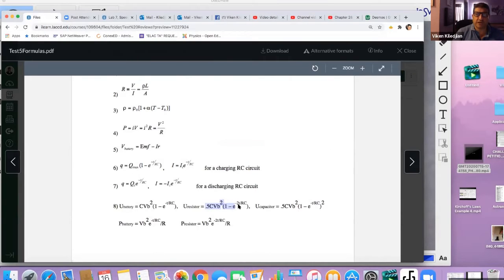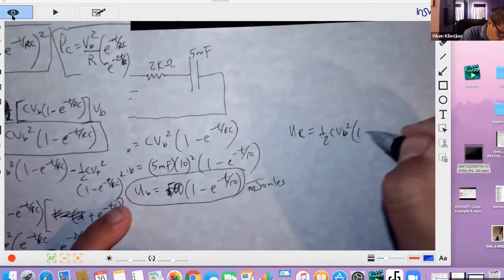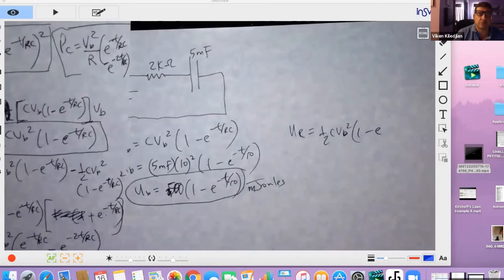That's probably the more complicated looking one, 0.5 CVB squared. So half CVB squared. So there are two ways to derive this. One, get the power and then integrate it to get that, or just subtract the energy of the capacitor from the energy of the battery. And then you get that. So 0.5 CVB squared, 1 minus e to the, what was it?